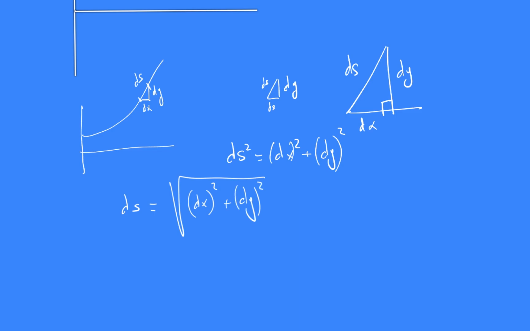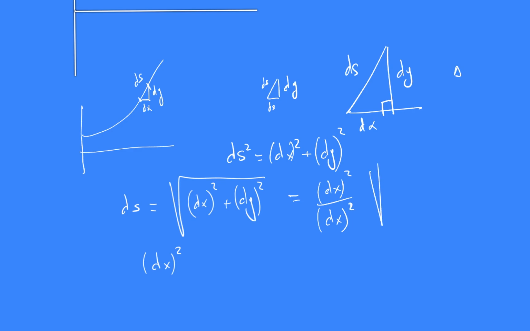So if we divide by dx squared, well, we should do it like delta x and delta y. If you divide by dx squared and you multiply by dx squared, nothing will happen because this is 1.